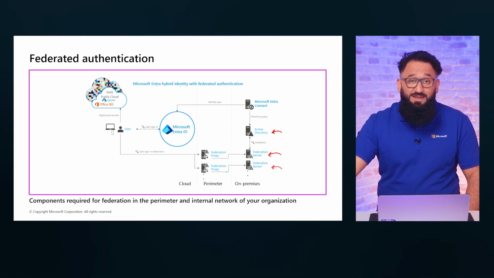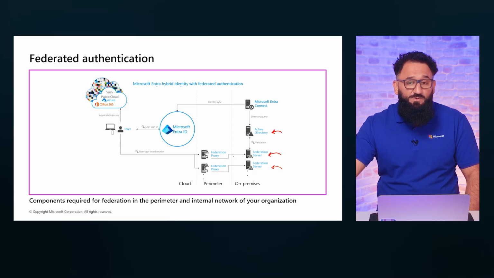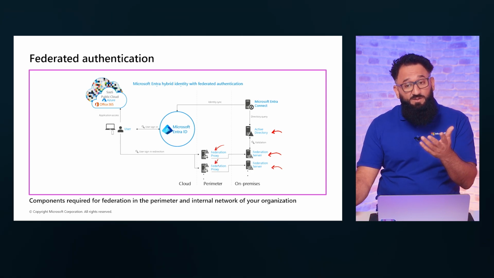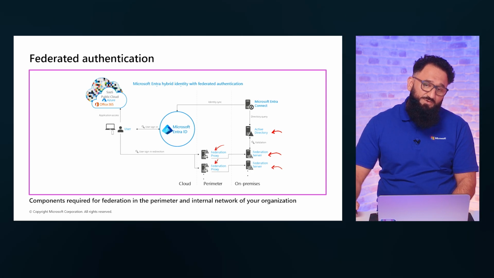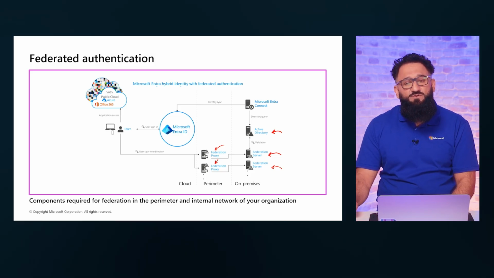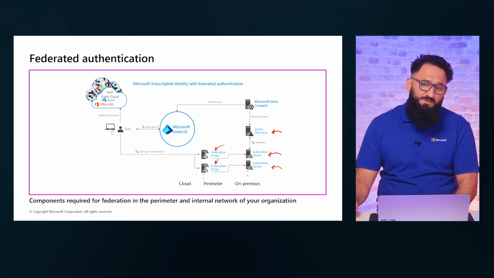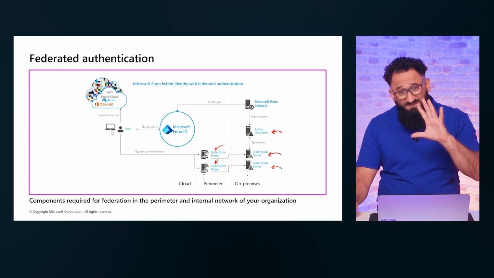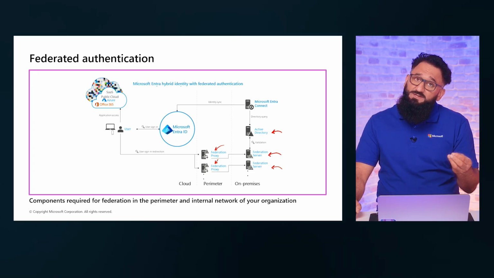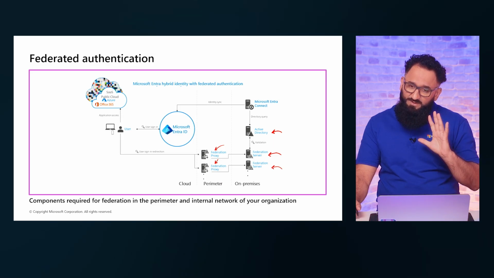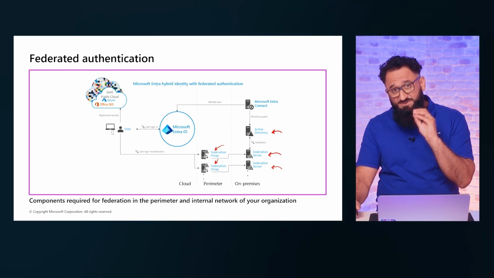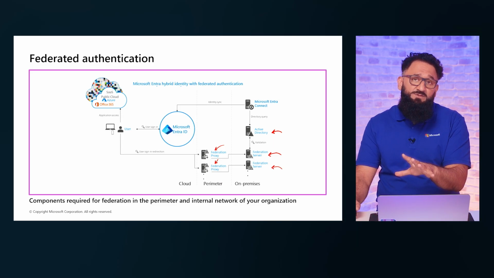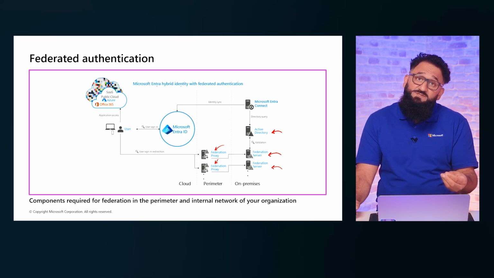And to allow the connection coming from the outside world, you would need to configure at least 2 proxy federation services in here as well that will handle that request coming through and forward that to your federation servers that you have in the backend. Now, this is a little more complex than pass-through authentication, where we just have 2 agents. This requires you to have at least a few more services running in your environment, requires a little bit more management.